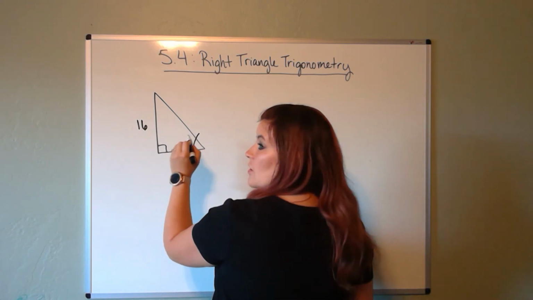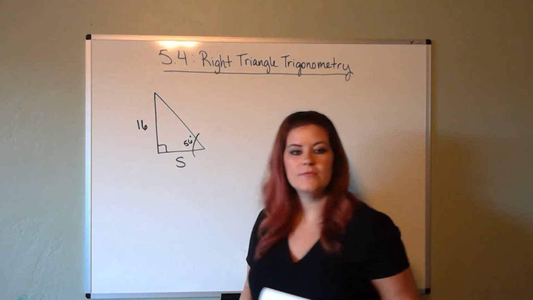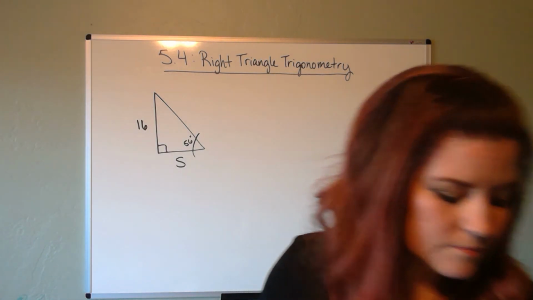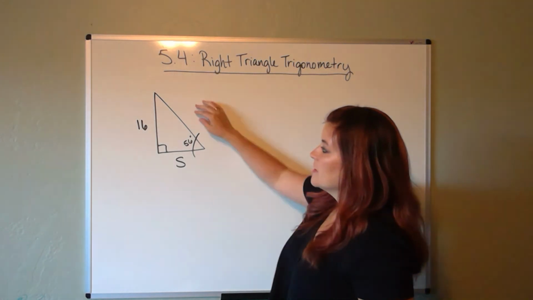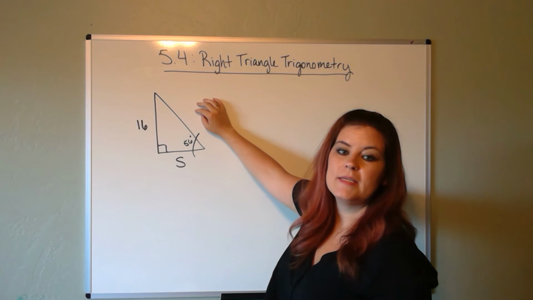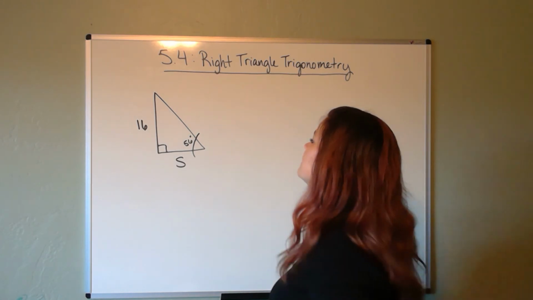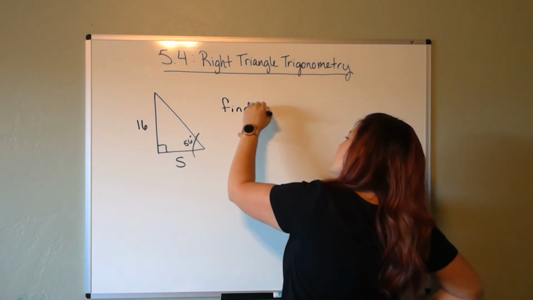And I actually know the angle here is 56 degrees. So that's interesting, right? In this problem, notice I don't know what the hypotenuse is, but it's not part of the question. All it wants me to do is find S.